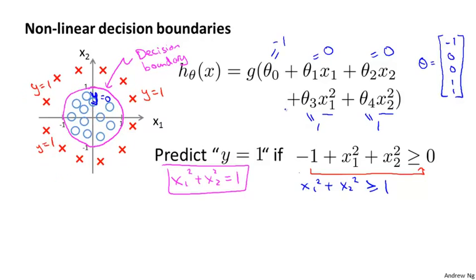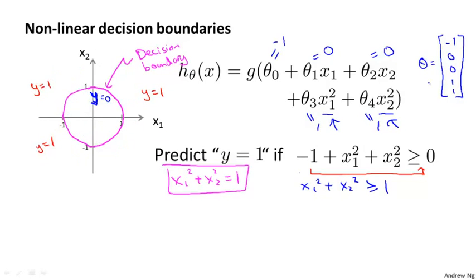So by adding these more complex, these polynomial terms to my features, I can get more complex decision boundaries that don't just try to separate the positive and negative examples with a straight line, but I can get, in this example, a decision boundary that's a circle. Once again, the decision boundary is a property not of the training set, but of the hypothesis and of the parameters.